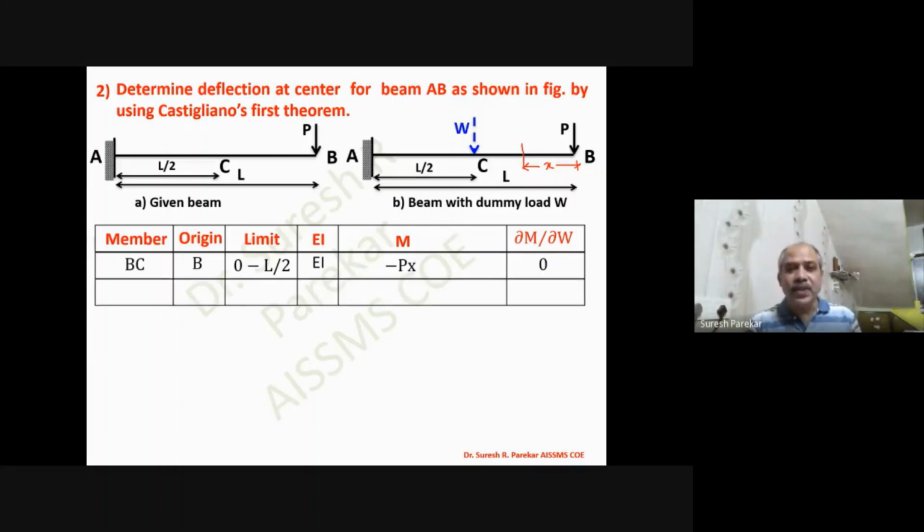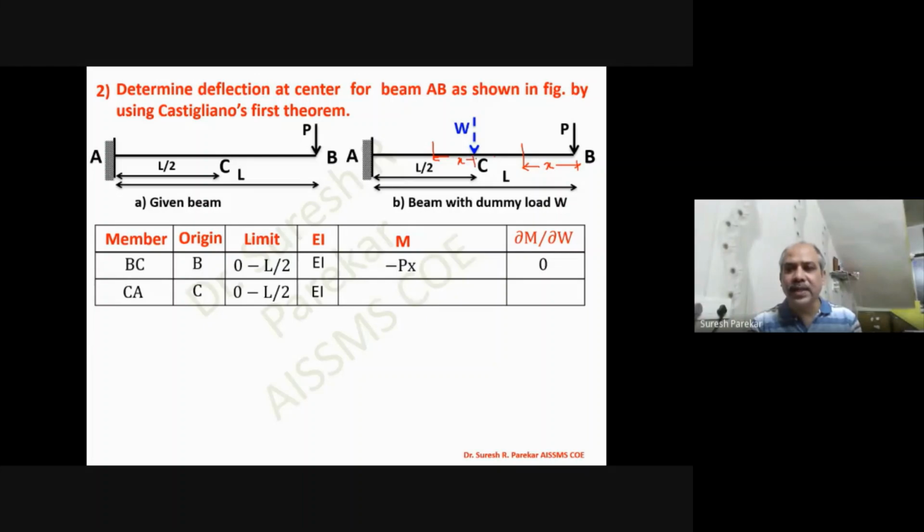Now I will go with the second region, which will be C to A. Origin we have considered C. Limit will be 0 to L by 2. Now what will be the bending moment? We have minus P into x plus L by 2. Now keep in mind origin is C, so x we are going to consider from C, till C only.